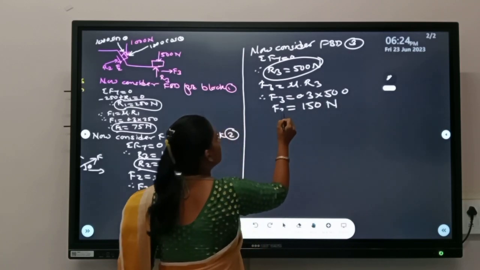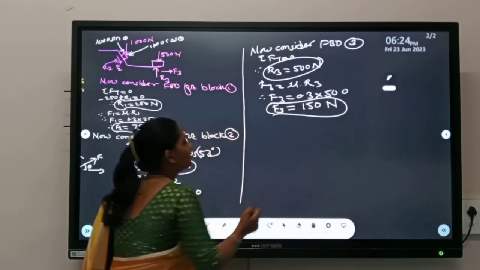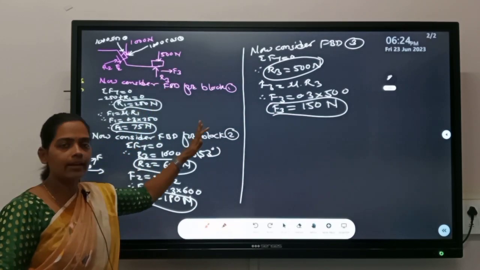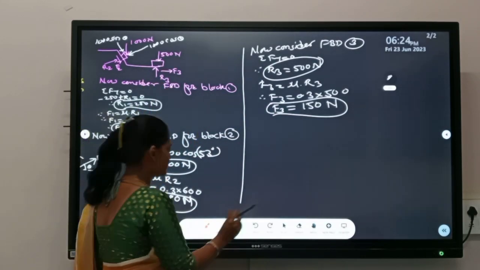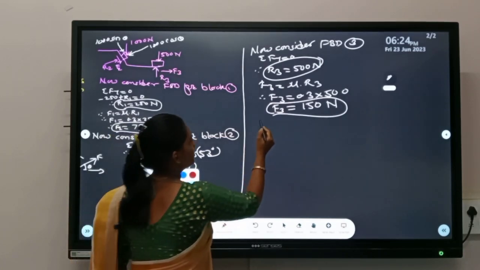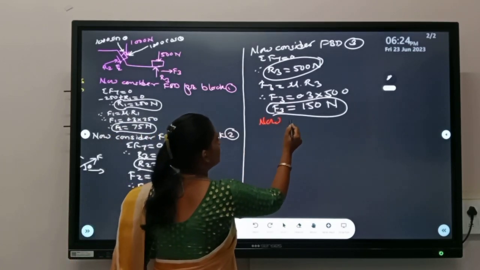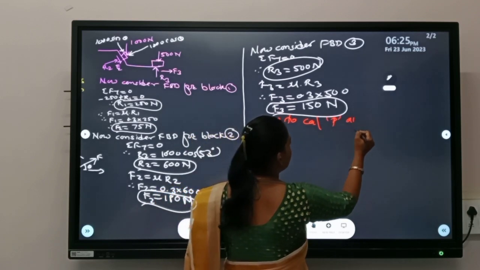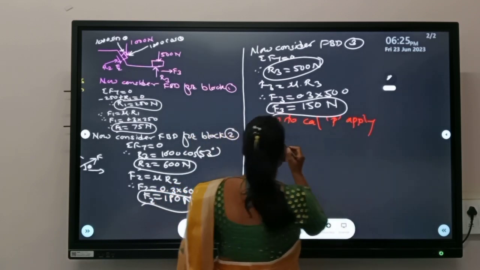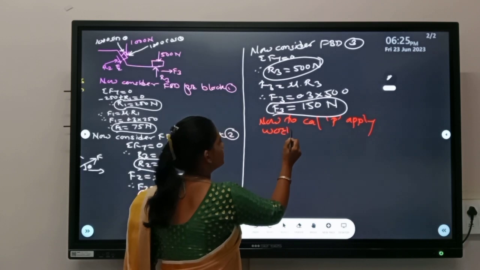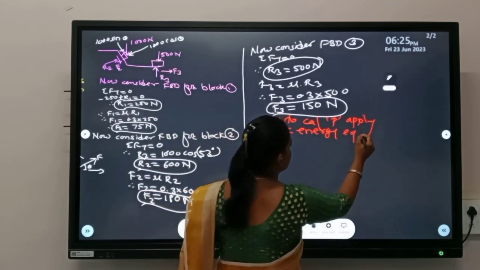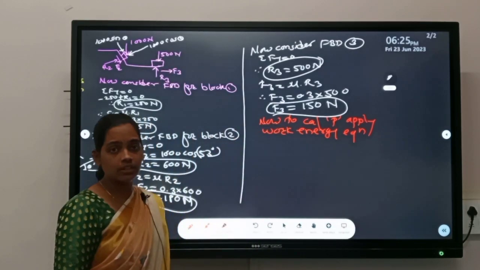As we got all the frictional forces and reactions, now apply the work energy equation. So what is that work energy equation? To calculate P, apply the work energy equation.